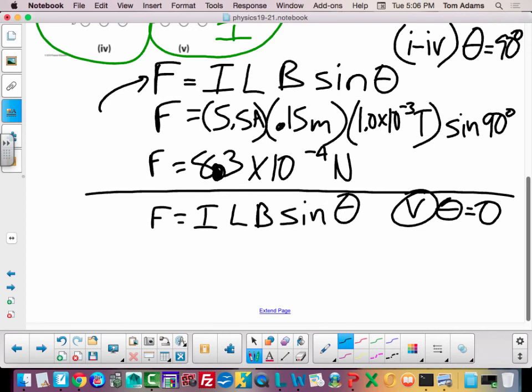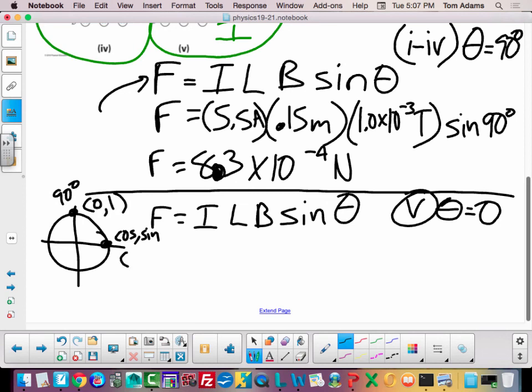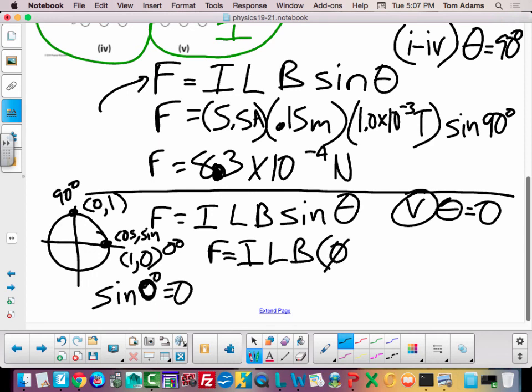Remember, on the unit circle we have cosine, comma, sine, and 90 degrees is up here, so this is 0, comma 1, but over here it's 1, comma 0. So this is 0 degrees here. Sine of 0 degrees is 0. So my force would be ILB times 0, or just 0. Does that make sense?